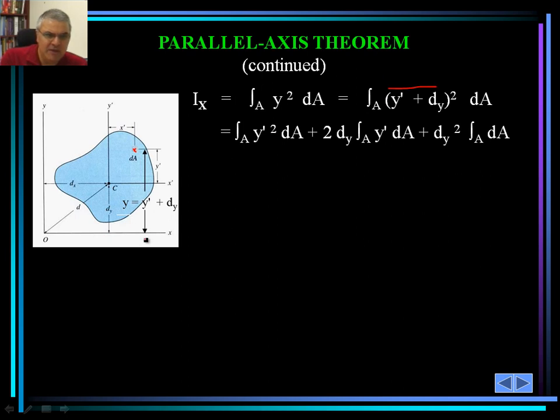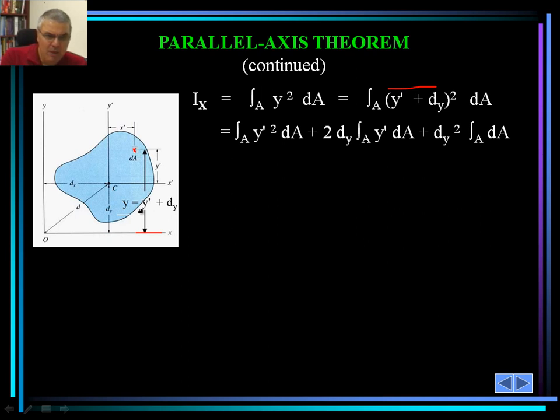Y in this case is the distance of the dA, the small differential element, from the x-axis, the new axis, right here. y prime was the distance of the differential element dA from Cx prime.